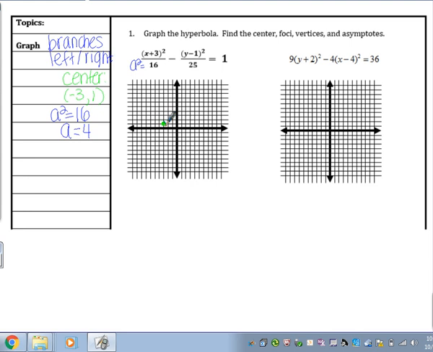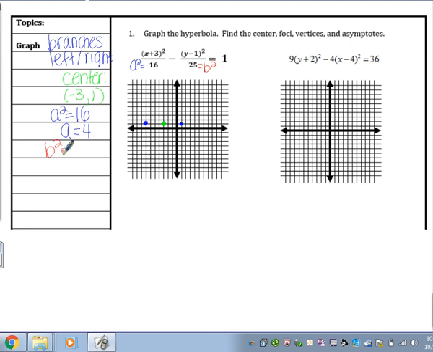So I'm going to go 4 to the right and make a dot, then go back to the center and go 4 to the left and make another dot. I'm not going to do anything else yet because I need my other points to make a box, which will allow me to draw my asymptotes. What I need is the b squared.